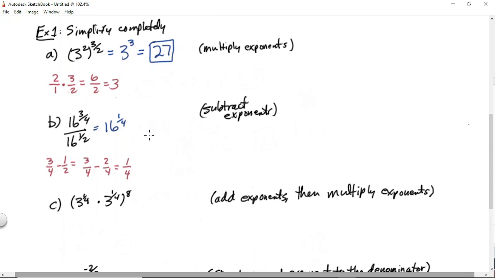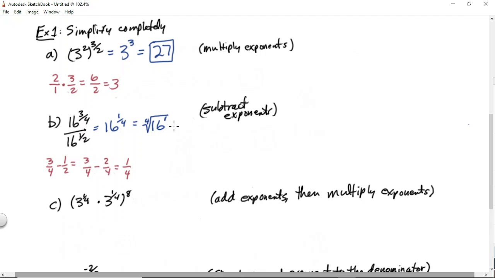And now we will put that in radical form in order to finish. So we have the base is 16. What's the exponent is the numerator of that, right? And the index of our root is the denominator, which is 4. So that goes there. So we have the fourth root of 16 to the first power.